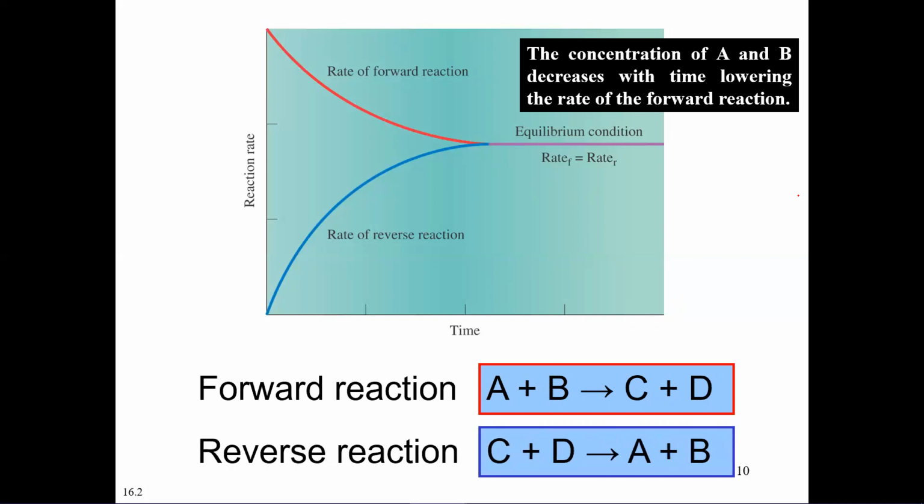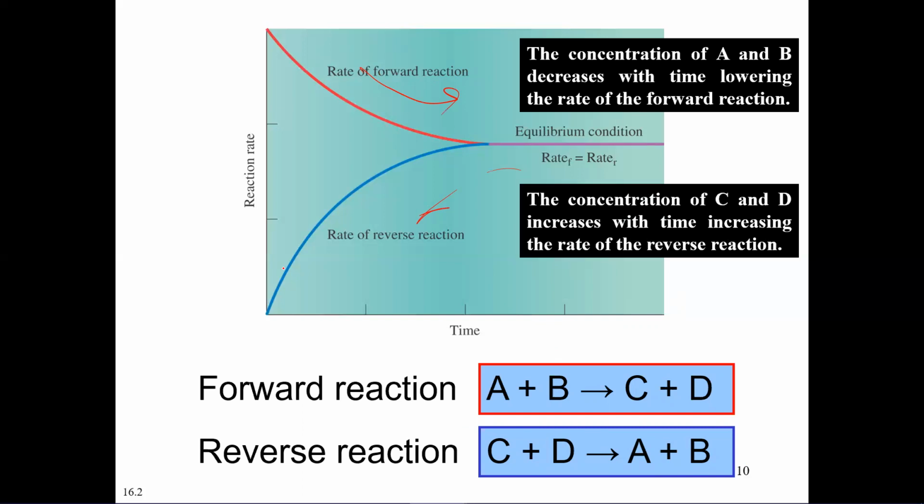The reverse reaction is going the other way. So you have this going back the other way, or this going forward. And so you've got the rate going back and forth under equilibrium conditions. That's when the rates are equal.